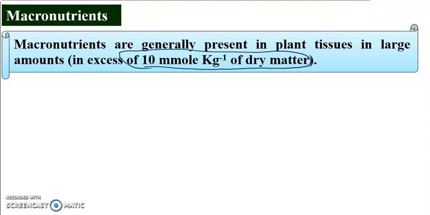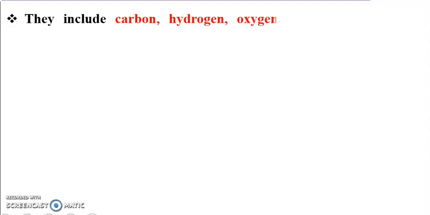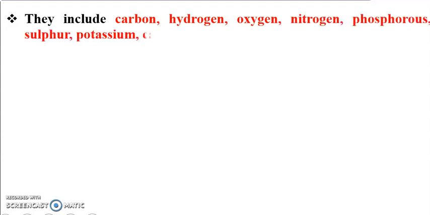Now, if any nutrient is required by the plant tissue for more than 10 nanomoles per kilogram inverse of dry matter, then we call it a macronutrient. Then what is a micronutrient? Before we go to that, let us see what are the macronutrients. The macronutrients are carbon, hydrogen, oxygen, nitrogen, phosphorus, sulfur, potassium, calcium and magnesium.